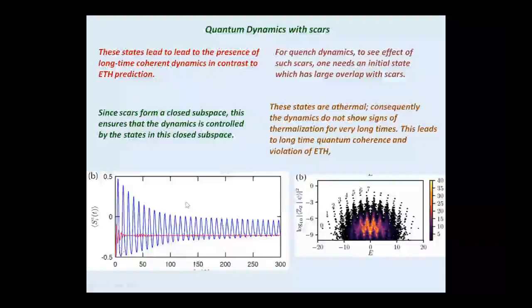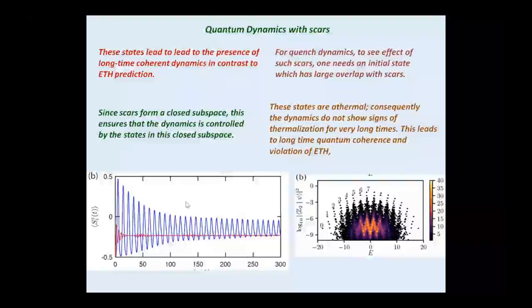Krishnendu, is there an a priori reason that the volume law states do not fluctuate as much, and the area law ones do? No. The thing is that these volume law states are all ETH obeying.